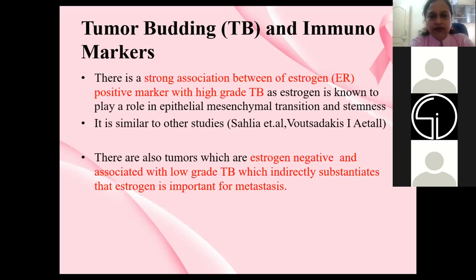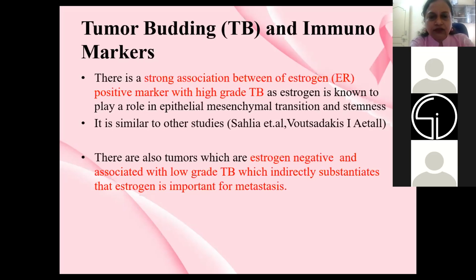What does this indicate? That there's a strong association between estrogen positive marker and high-grade tumor budding, as estrogen is known to play a role in epithelial mesenchymal transition and stemness. This helps in the metastasis of the tumor cells, and this factor has a strong correlation with estrogen because it helps in the transition of epithelial cells to mesenchymal cells.